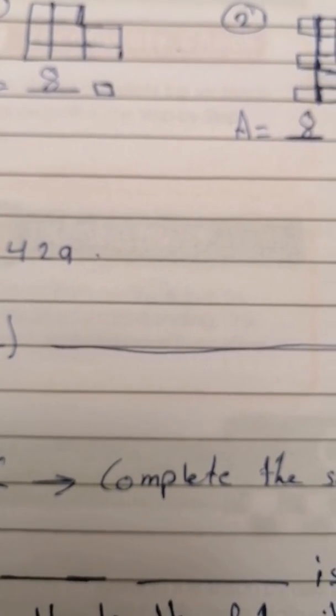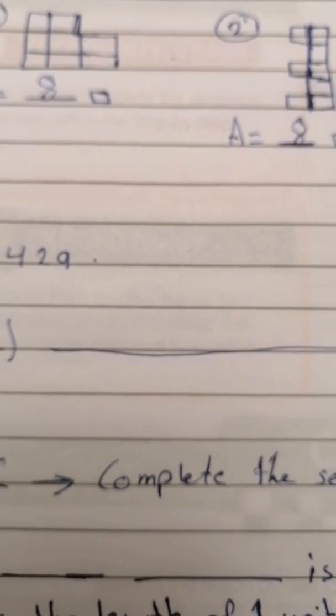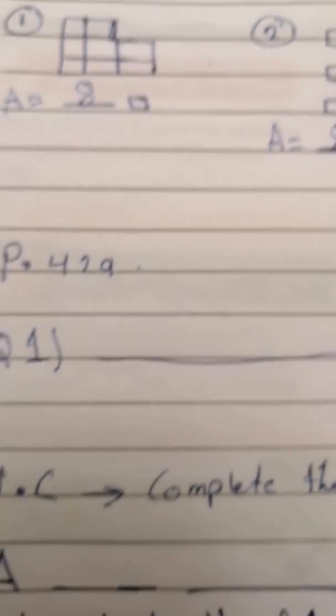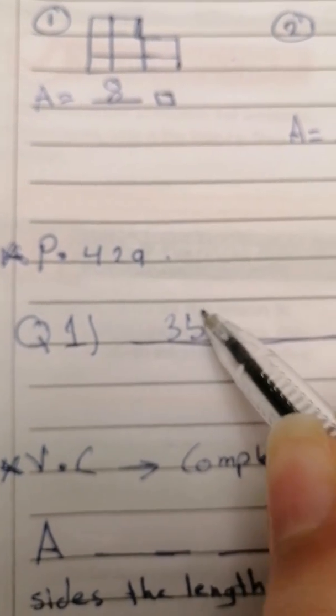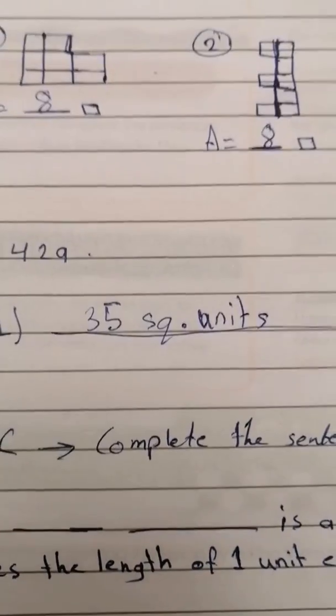So if we count the units inside this shape, the area will be 35 square units. Okay, so area equals 35 square units.